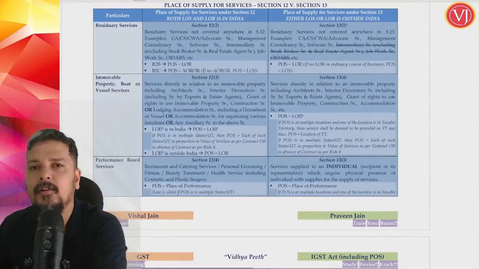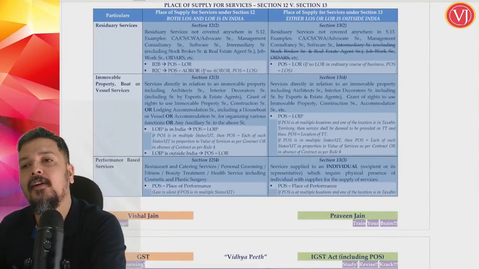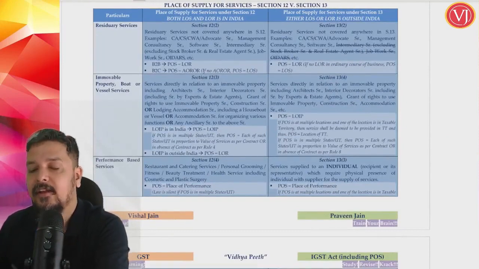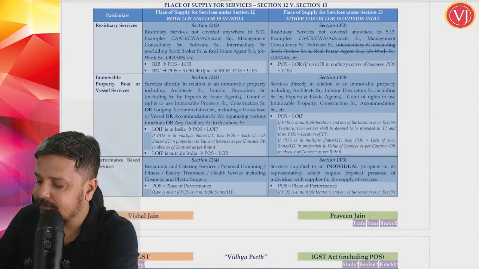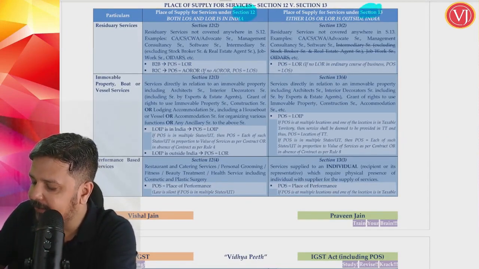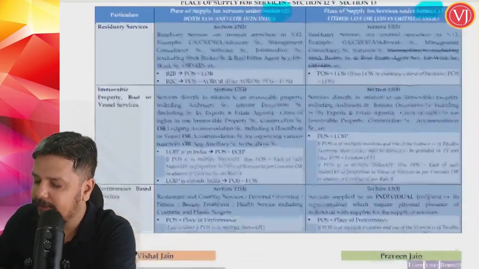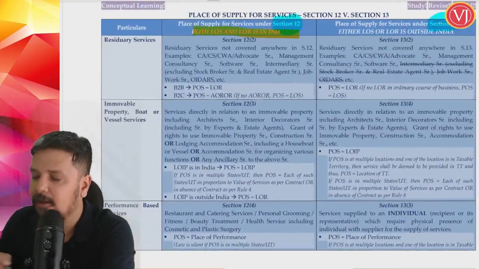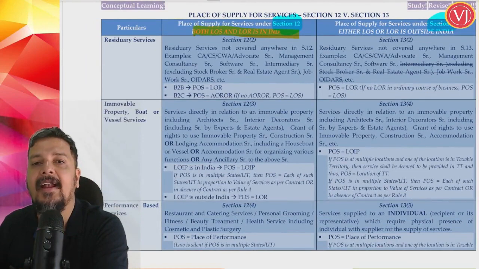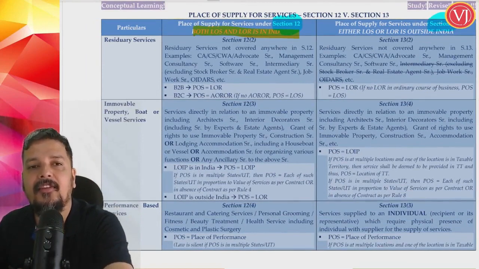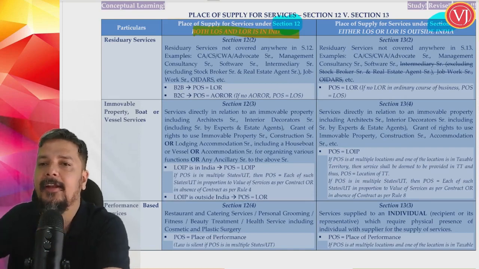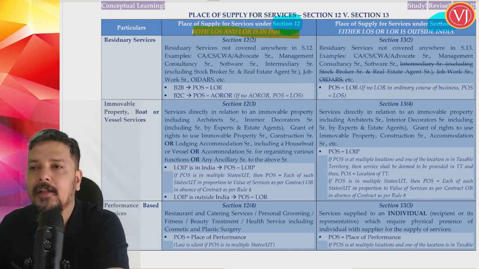Now you're talking about your place of supply for services. It is either section 12 or section 13. When is section 12 applicable? Section 12 is applicable only if both LOS and LOR, both the location of supplier and location of recipient, are in India. Then you find out place of supply in terms of section 12.